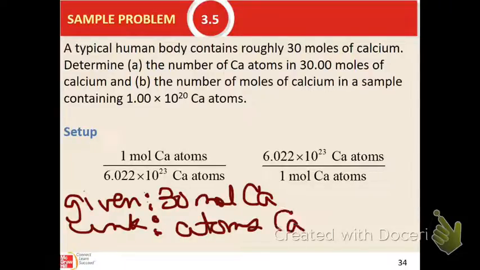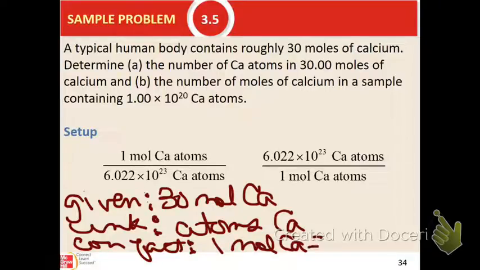of calcium. Our conversion factor that we're going to use is for every 1 mole of calcium, there are 6.02 times 10 to the 23rd calcium atoms.